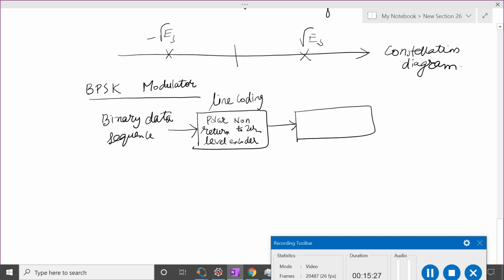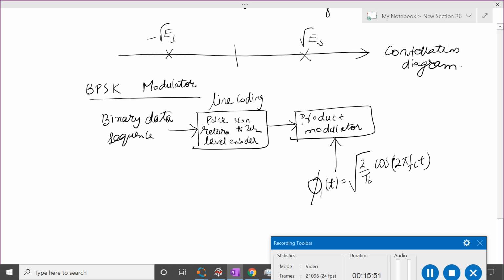We should use a product modulator. The product modulator will simply multiply by the carrier signal. I represent the carrier here with phi 1 of t, just to be compatible with Simon Haykin notation.